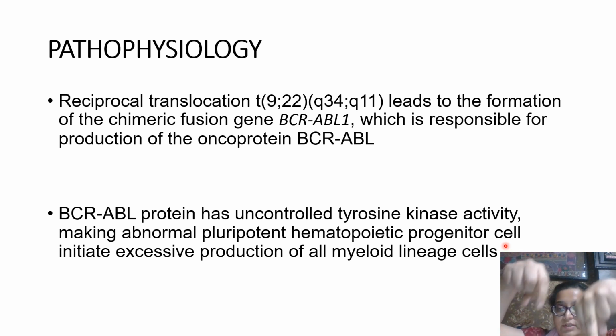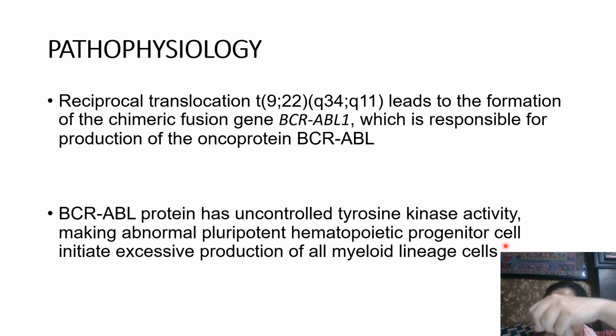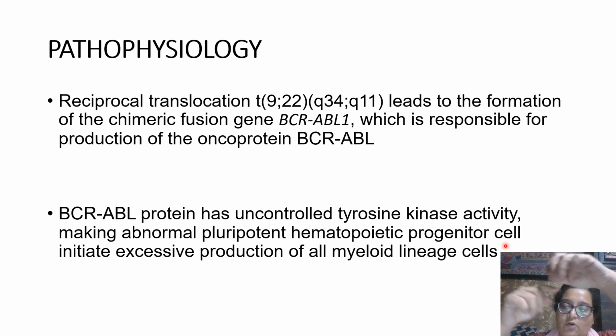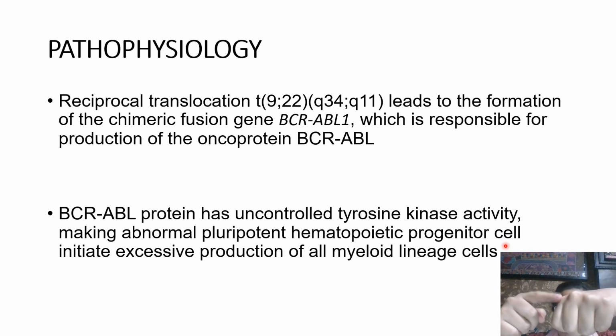A growth factor will go and attach to the receptor, and the receptor will get stimulated and send the signal inside the cell to the nucleus to proliferate. This whole pathway, from the receptor getting attached to a growth factor to sending a signal to the nucleus, is controlled by some inhibitory and some positive mechanisms to control the cell growth.